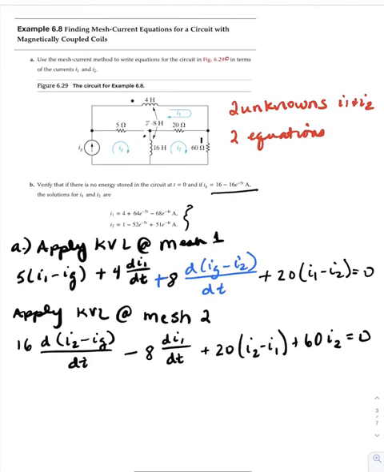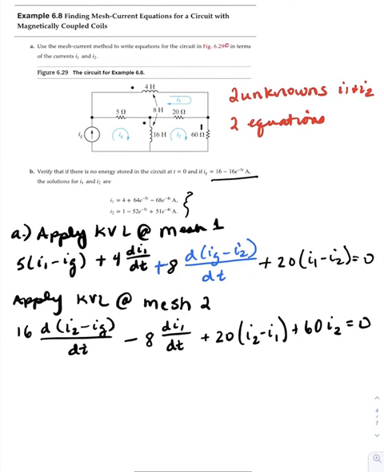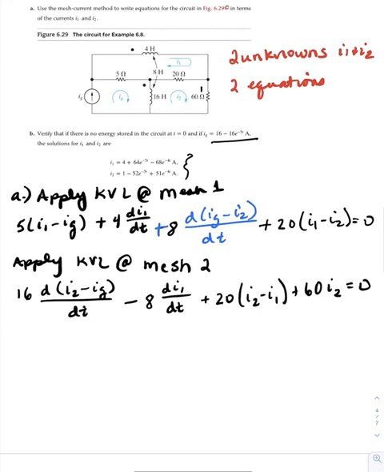Be nice if I could copy that, but all right, B. So no energy is stored at t equals 0.